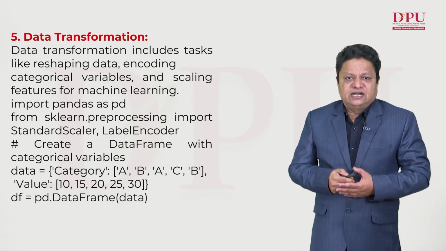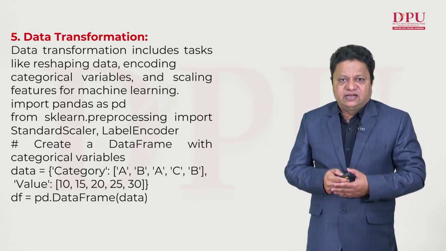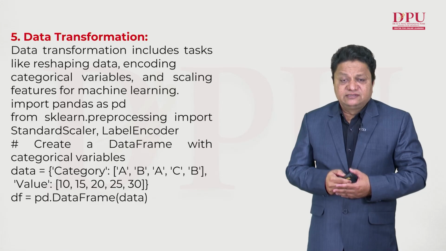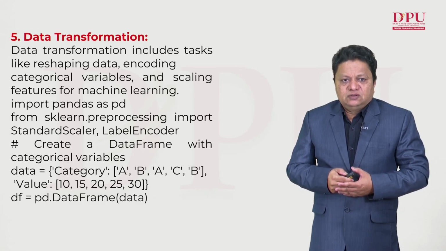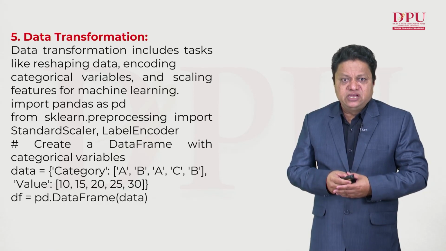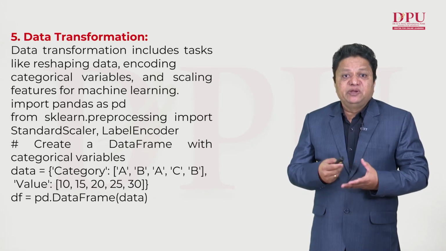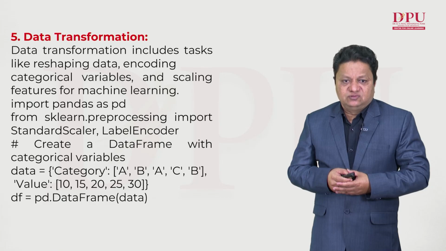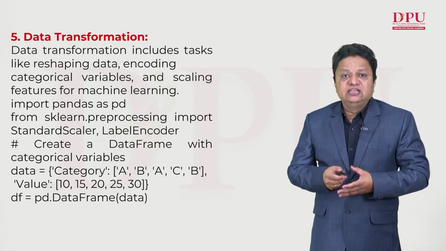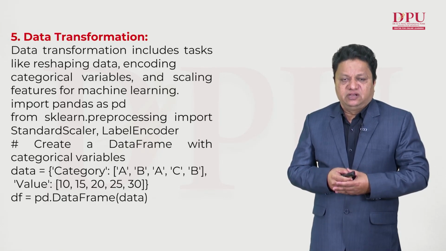Now let us understand the next concept in this data manipulation, that is data transformation, which is also very important. So when I am transforming the data, what does it mean? It includes many activities like reshaping the data, encoding the categorical values and scaling the features for machine learning.